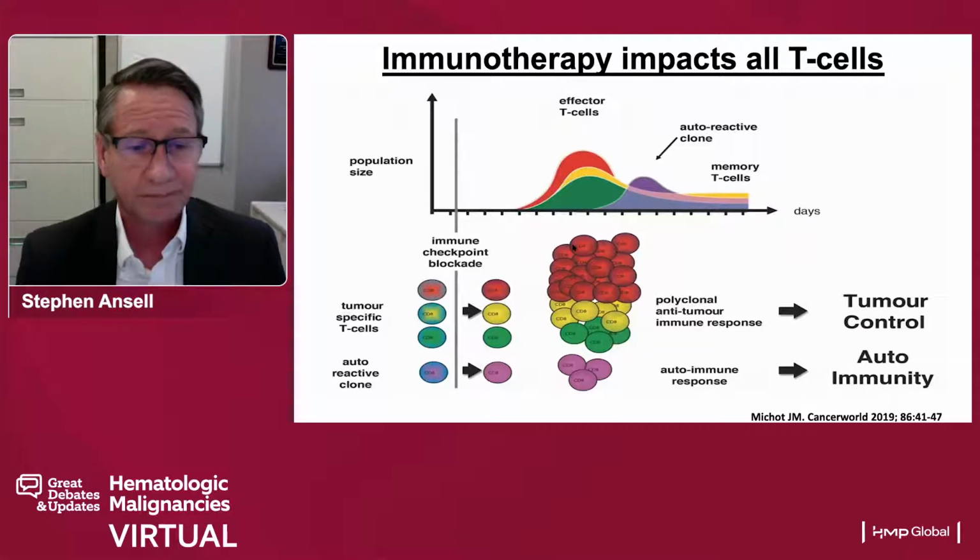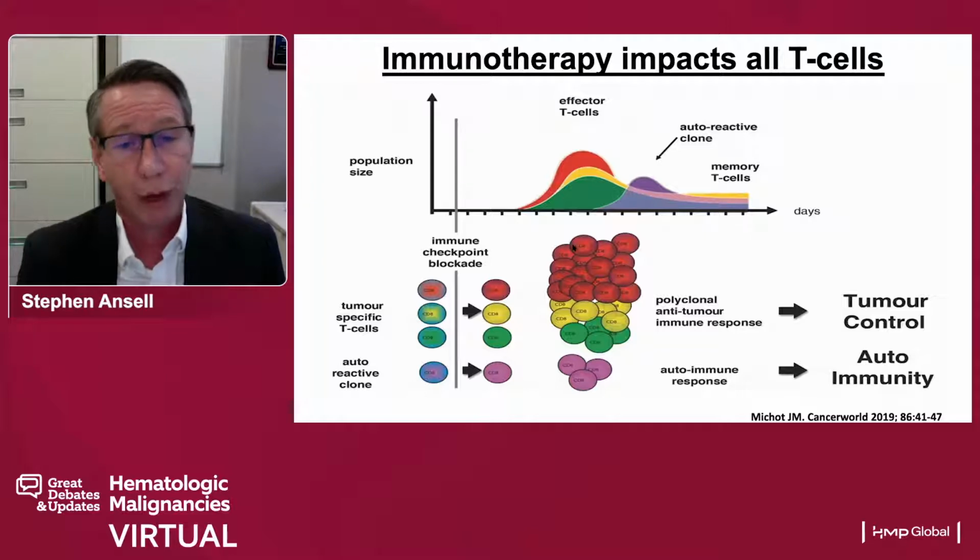Shown here, particularly in the red, yellow, and green, are various clones, if you like, of T cells that are activated in response to something such as a tumor antigen. But also, as seen at the bottom in the purple, are other autoreactive clones which can be activated.